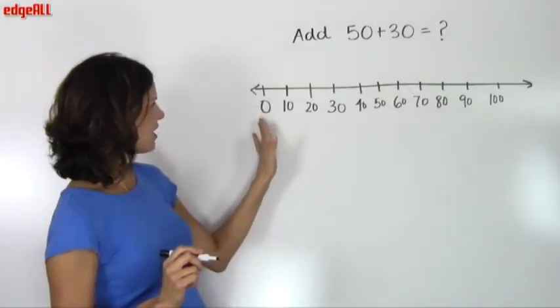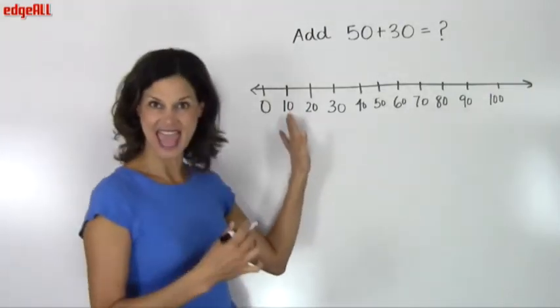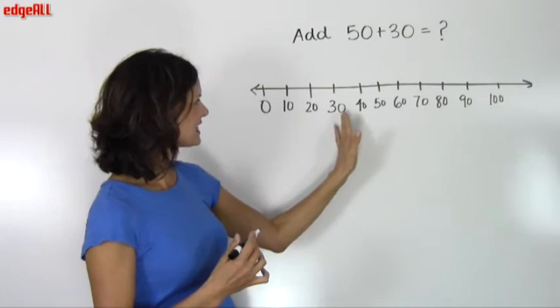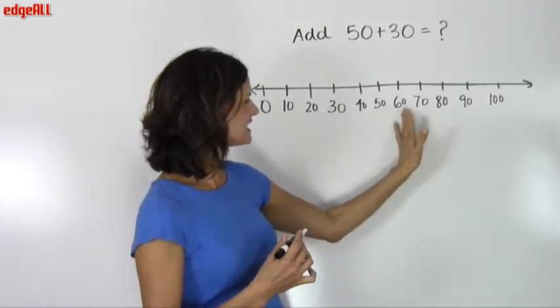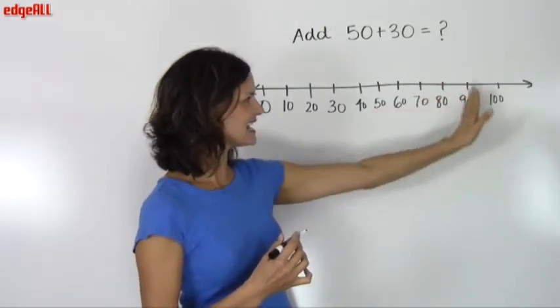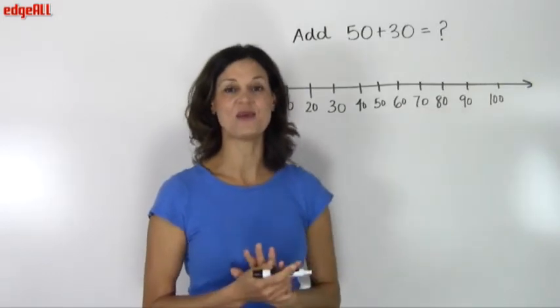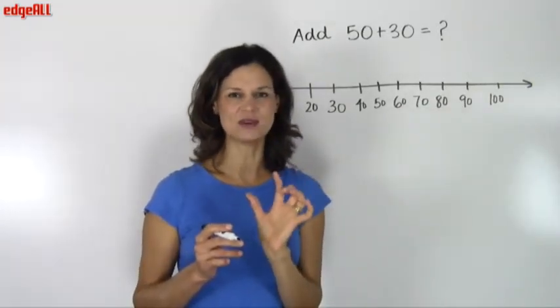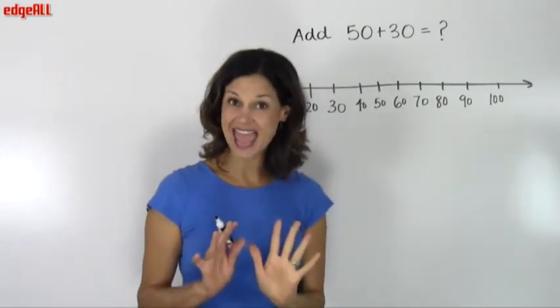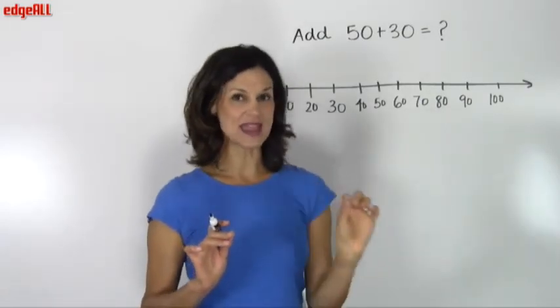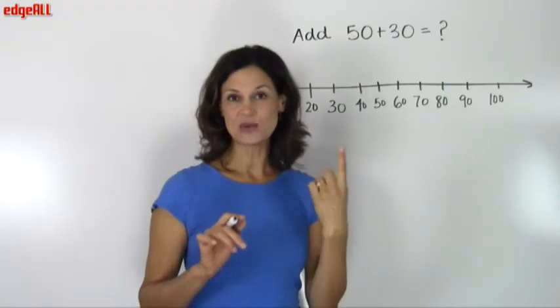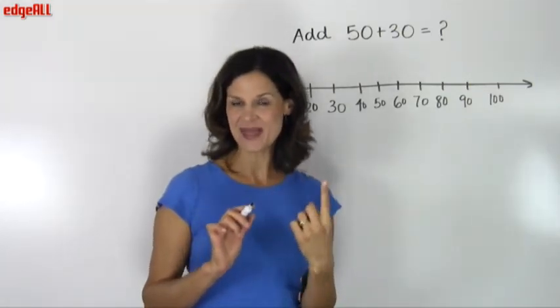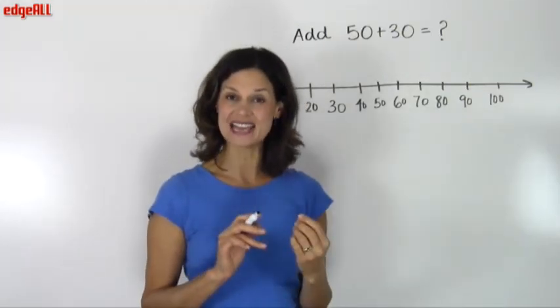So I've got 0, and my next marking is 10, and then 20, 30, 40, 50, 60, 70, 80, 90, and up to 100. Each space on the number line represents 10. Instead of each space representing 1, we need to think of it as each space representing 10.